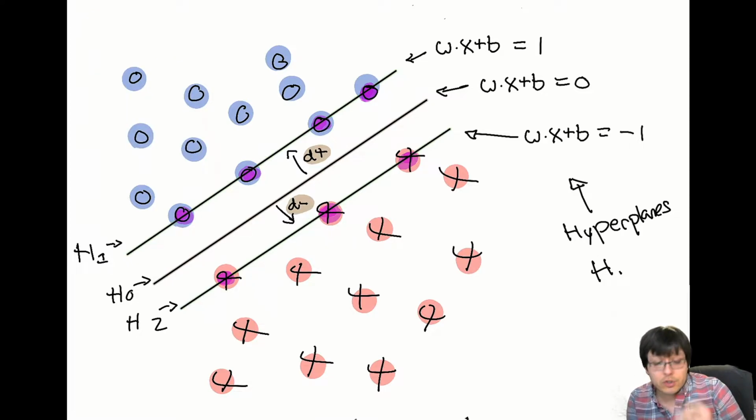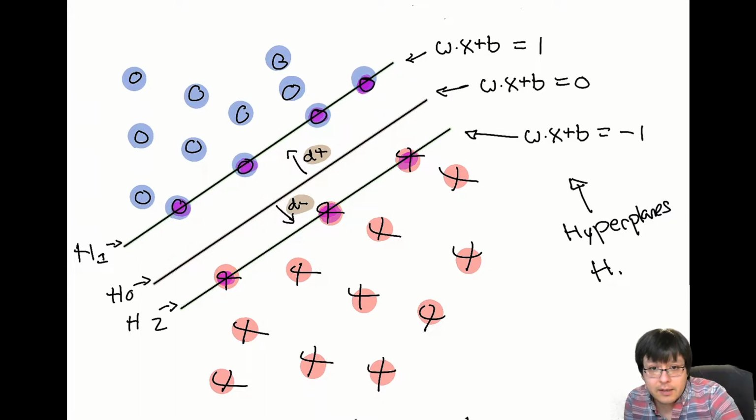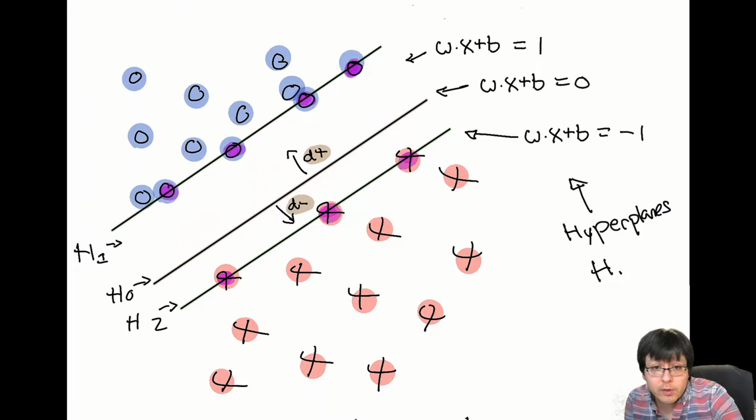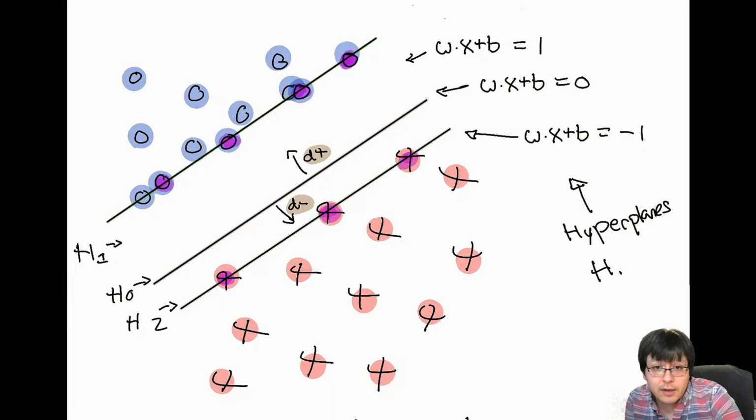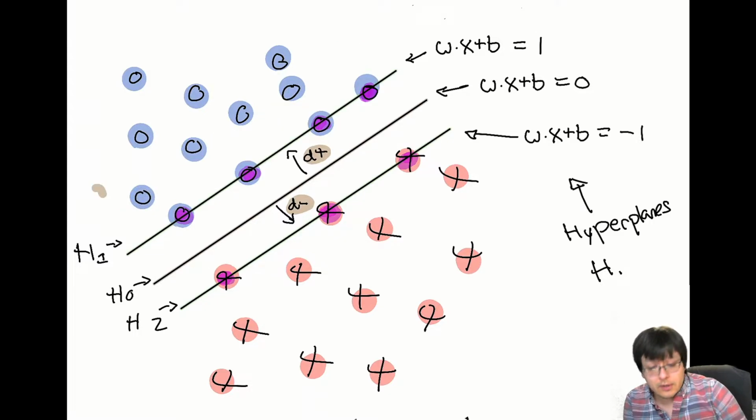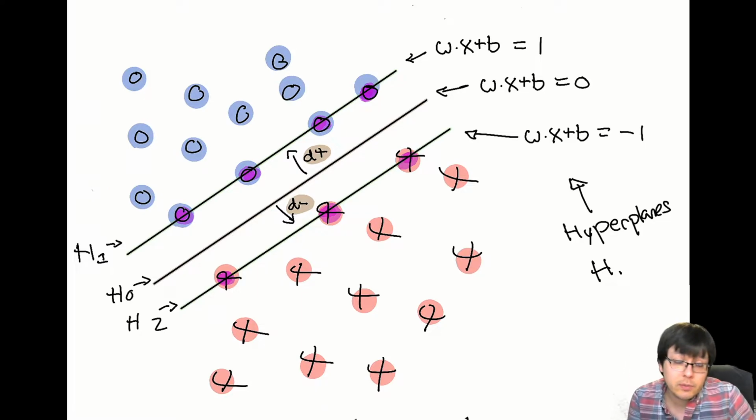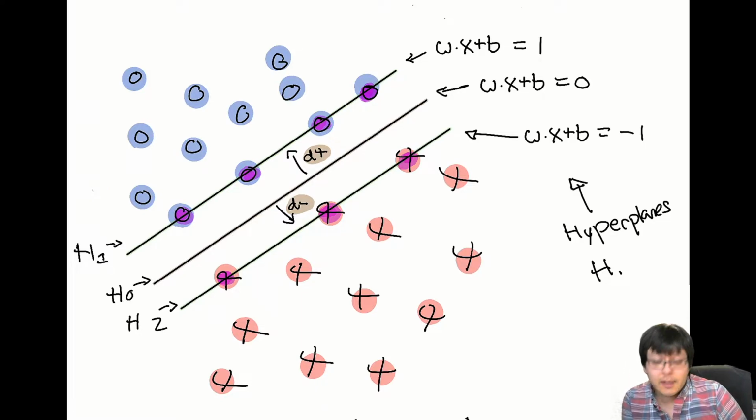The ones that would change it would be if we moved this back. Then the whole boundary would move with them up until there, at which point this will become part of the boundary as well, okay? So that's where the support vector machine name comes from. The support vectors on the bottom there are the three X's that are in the line.